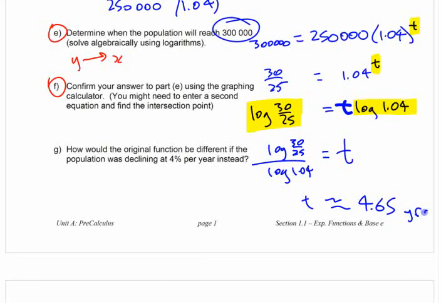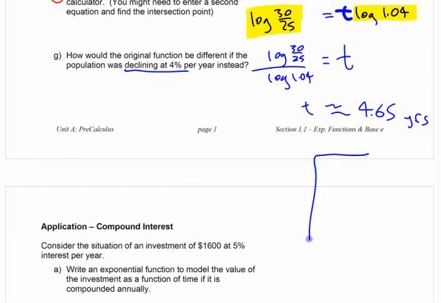Good. Okay? How would the original function be different if it was declining at 4%? I didn't want to ask you to go through and do it all over again with that. Go back to our bag of chips here. Well, they're not going to advertise this, but now 4% less. Well, I guess they could say 4% less fat or something, but 4% less.